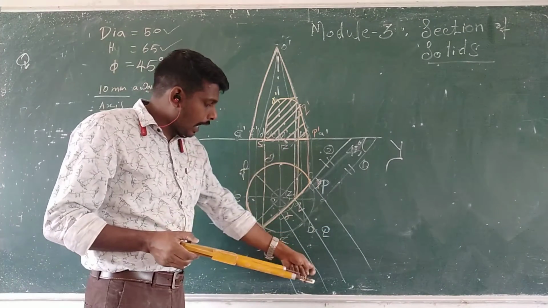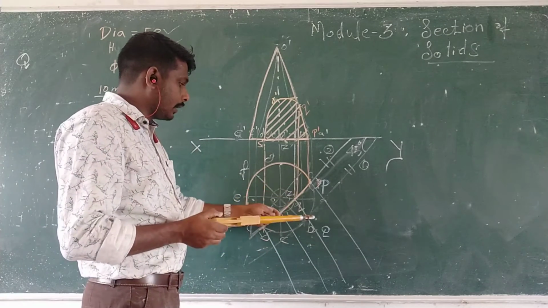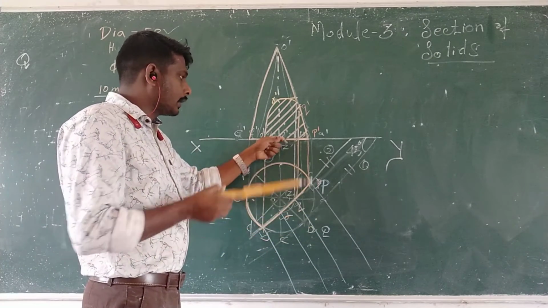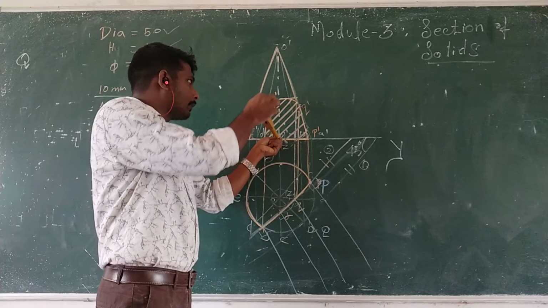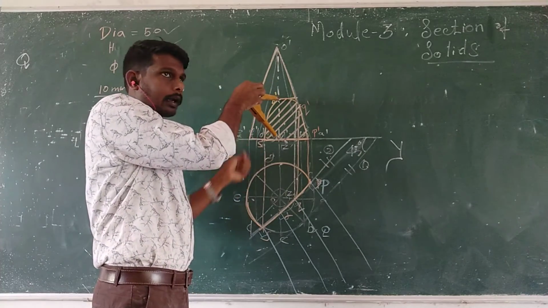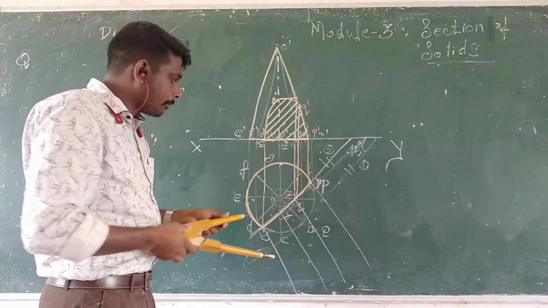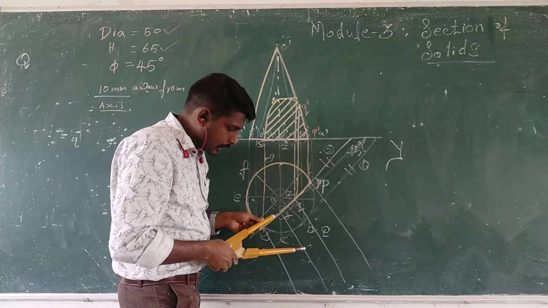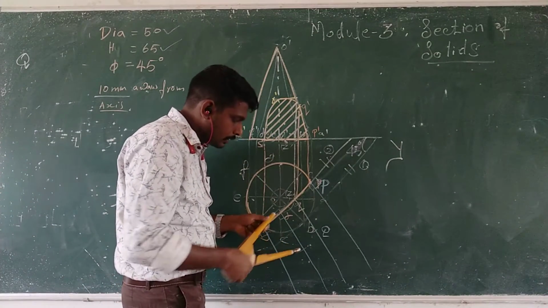Then capital R can be found out by the corresponding distance of R dash from XY line. XY to R dash is taken, and with the point as center mark the distance here.